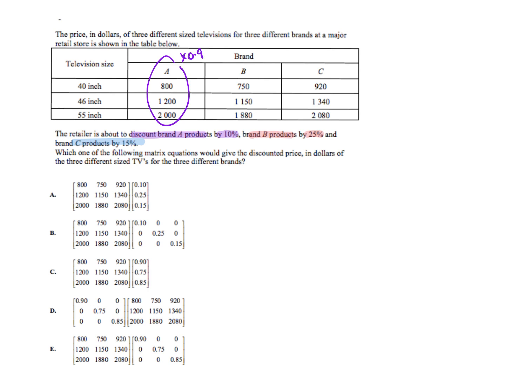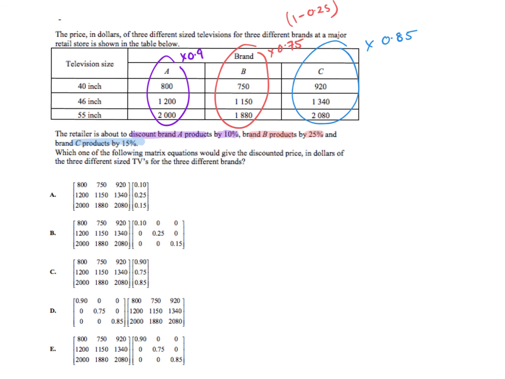All this B brand, what are you going to multiply by? 0.75 because 1 minus 0.25, yeah? And then what will you be multiplying these by? 0.85. Beautiful.